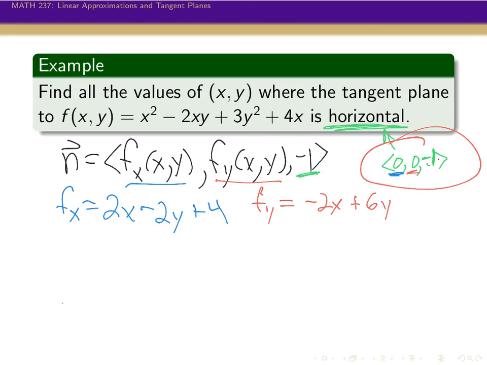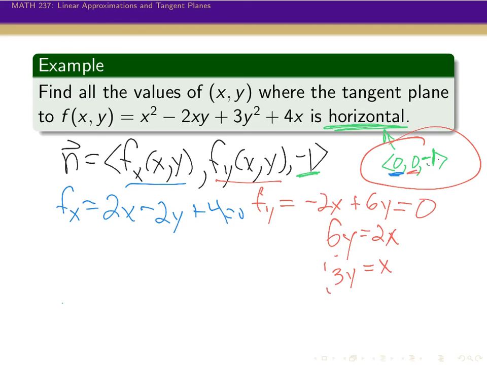So we have to figure out the x and y that make both of these equal to 0. Let's start off with minus 2x plus 6y. I can rewrite that as 6y is equal to 2x, which gives me that 3y is equal to x.